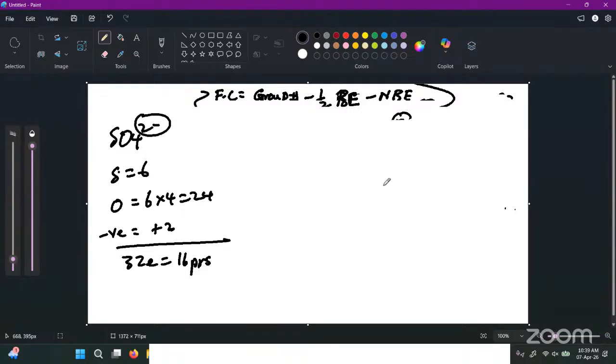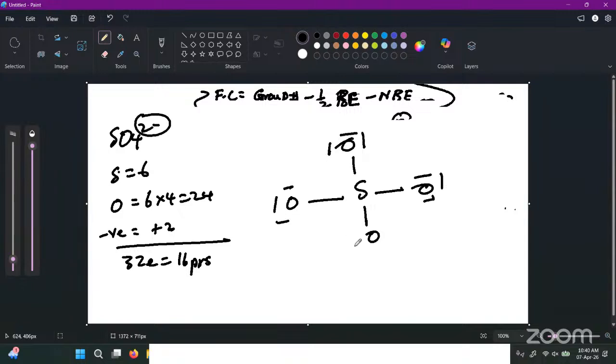So we put the sulfur in the middle and we surround it with the 4 oxygens. All right? So we put the bonding pairs first, 1, 2, 3, 4. Then the non-bonding pairs, 5, 6, 7, 8, 9, 10, 11, 12, 13, 14, 15, and 16. All right?